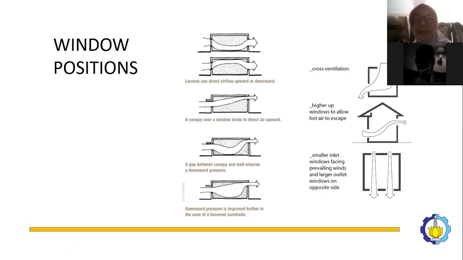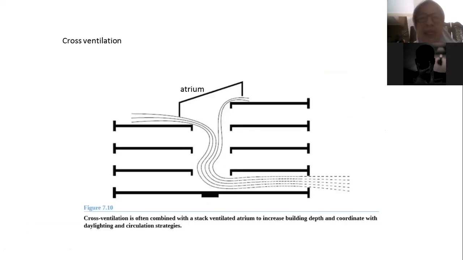So that is all we discuss here about the component or aperture in the facade. Now, what is the form trigger of the form? Cross ventilation is often combined with a stack ventilated atrium.